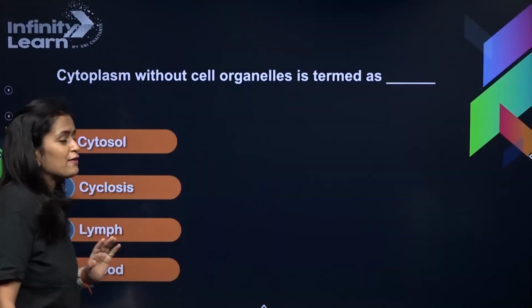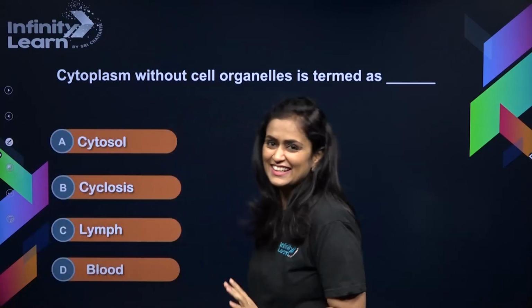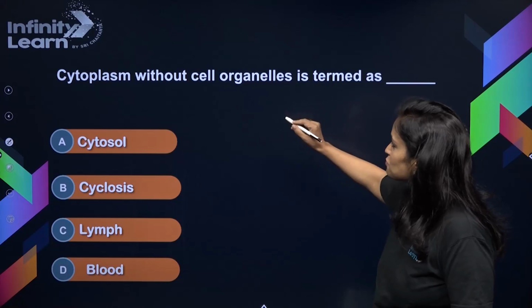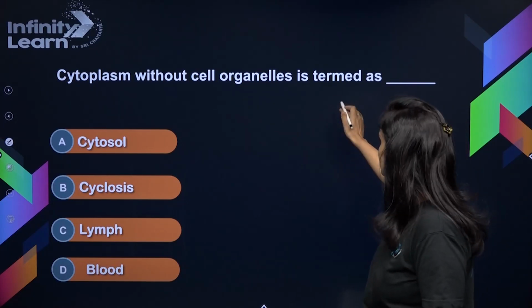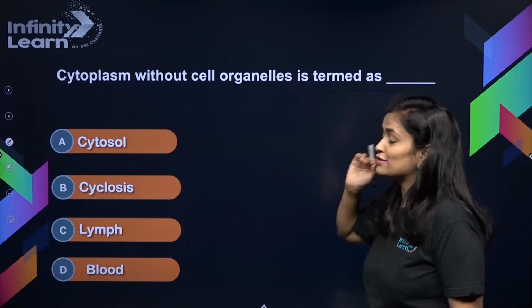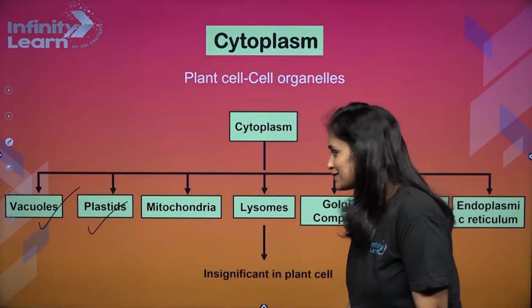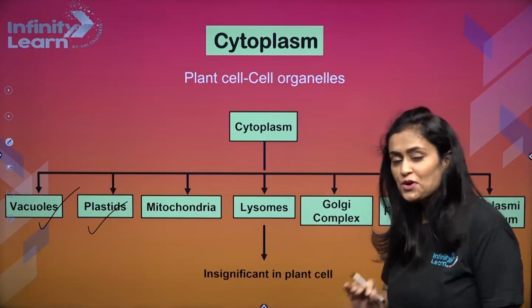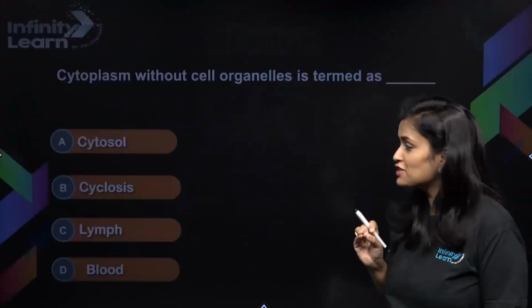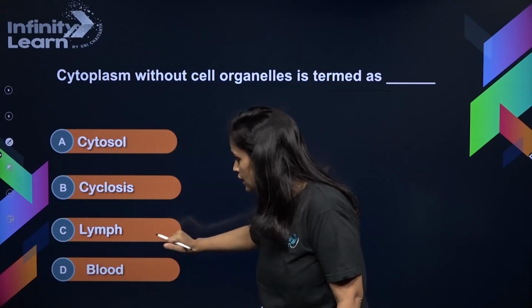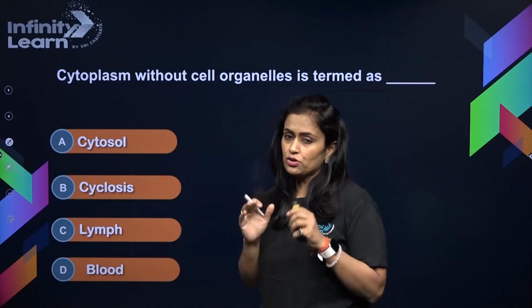So now can we answer this question? My 9th grader rock stars, can you answer this question? Cytoplasm without cell organelles is termed as what? Cyclosis, cytosol, lymph, or blood?